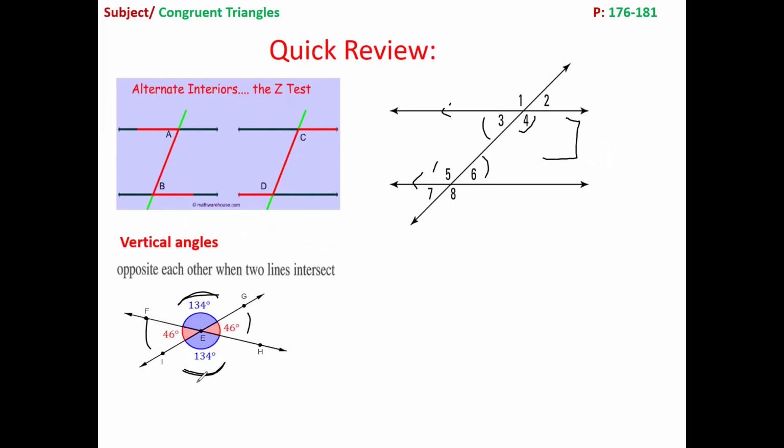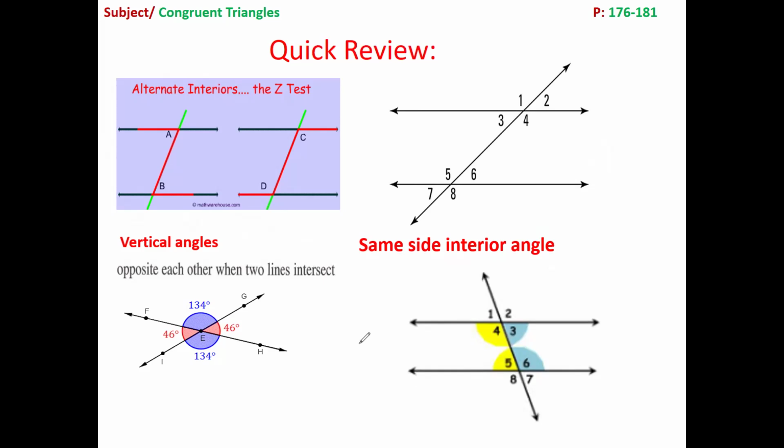Then we studied another one called same side interior angles. We said if you have two parallel lines, the angles inside the two parallel lines, do they have exactly the same measure? No. If I add them, it must be equal to 180. Like 4 and 5, if I add them, the answer should be equal to 180.